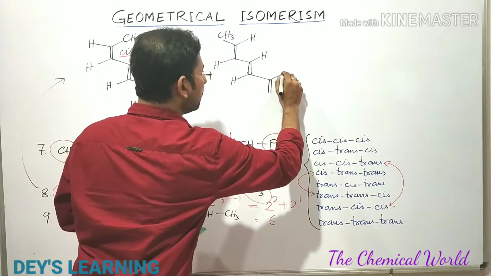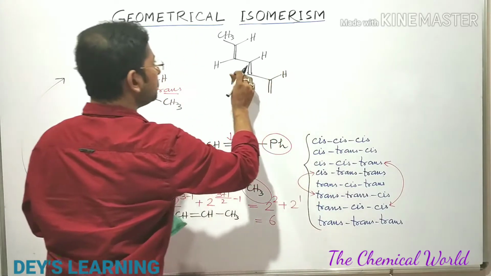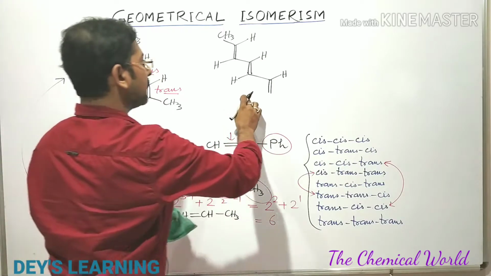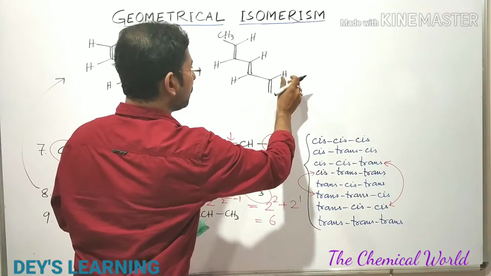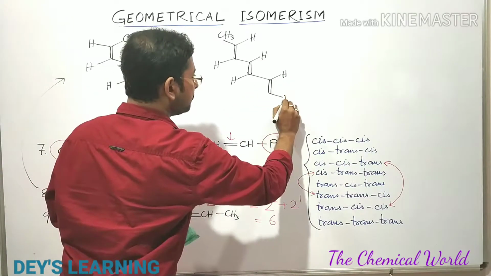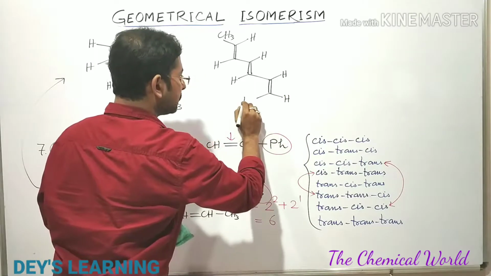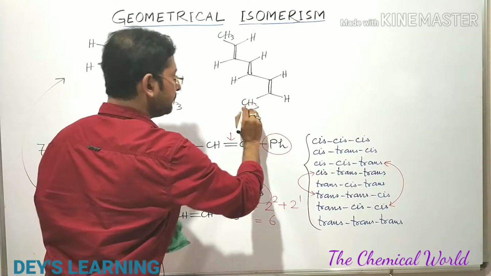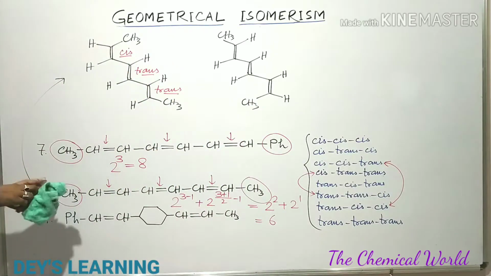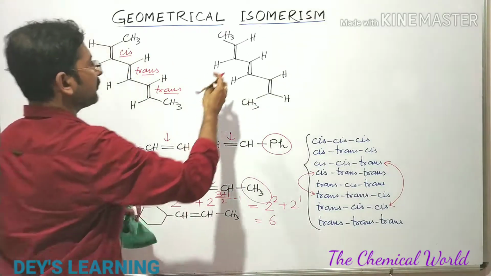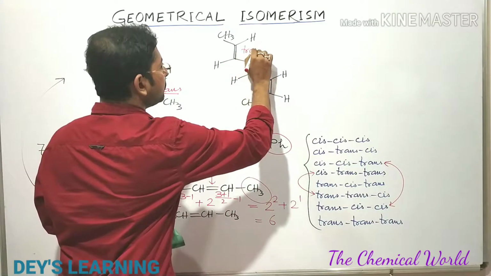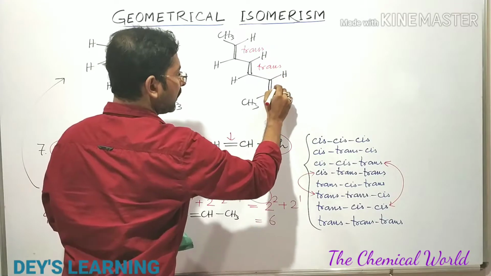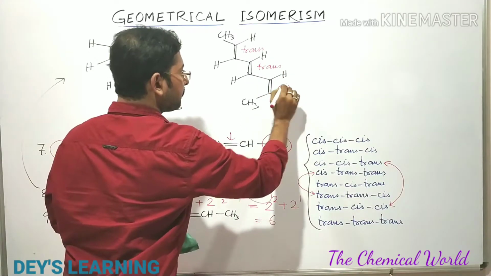This is a trans double bond, this is a trans double bond, now it will be a cis double bond. Like this. So this is trans, this is also trans, and this one is cis.